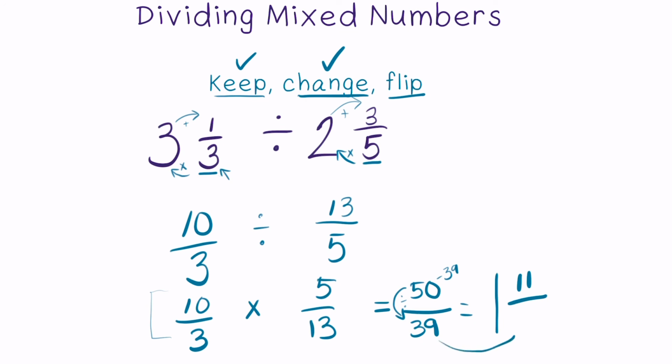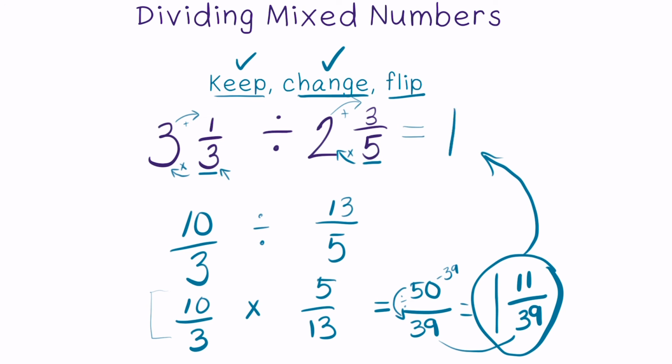Let's carry over the denominator. And that gives us an answer of 1 11/39. We can now take this and apply it back to the original problem and determine that 3 1/3 divided by 2 3/5 is equal to 1 11/39.